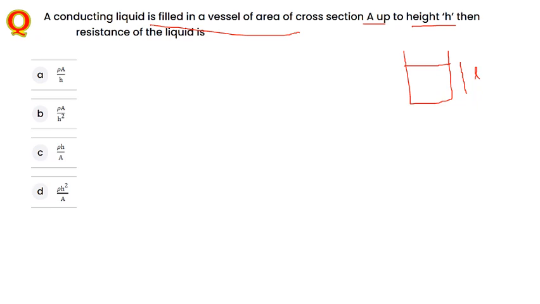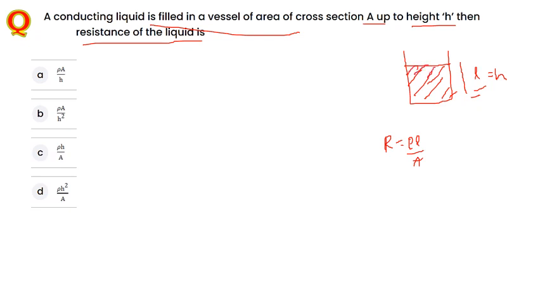Then the resistance of the liquid, already we know this one, the formula here is R is equal to ρL divided by A. Here this is the length, what they have given, the total length, and even the height of the conducting liquid which is having the resistance.